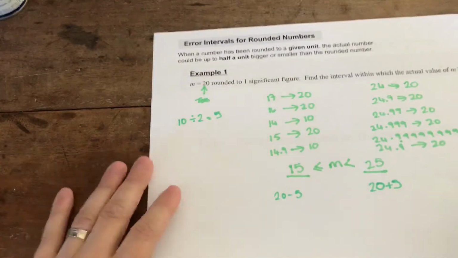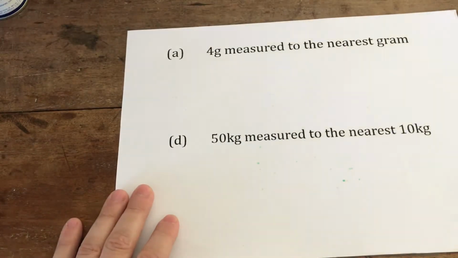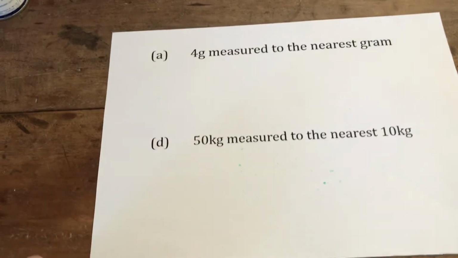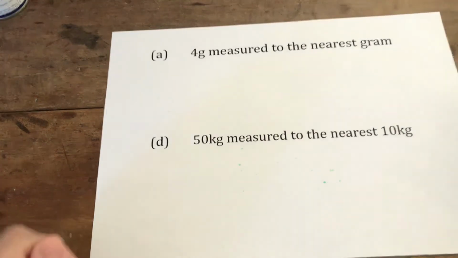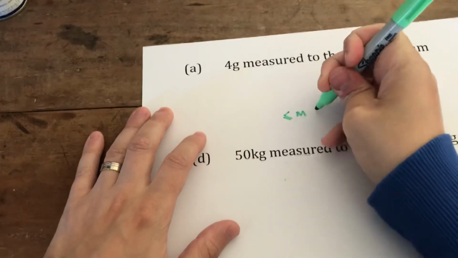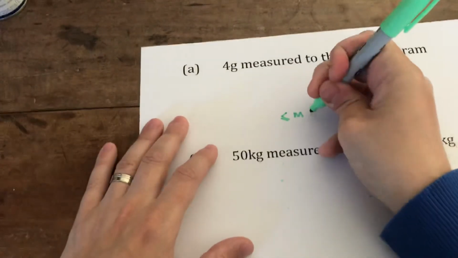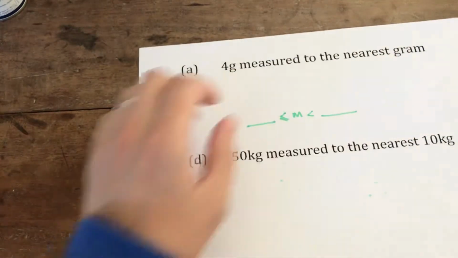Now I'm going to go through two more examples that you've got on your sheet of paper to help you get started with this, because it's really hard. Your knowledge organizer says write an error interval, and it's asking you to round these numbers. So I'm going to start it off and I'm going to use m. You could use x, that letter in the middle doesn't matter. It says I've got 4 grams measured to the nearest gram.